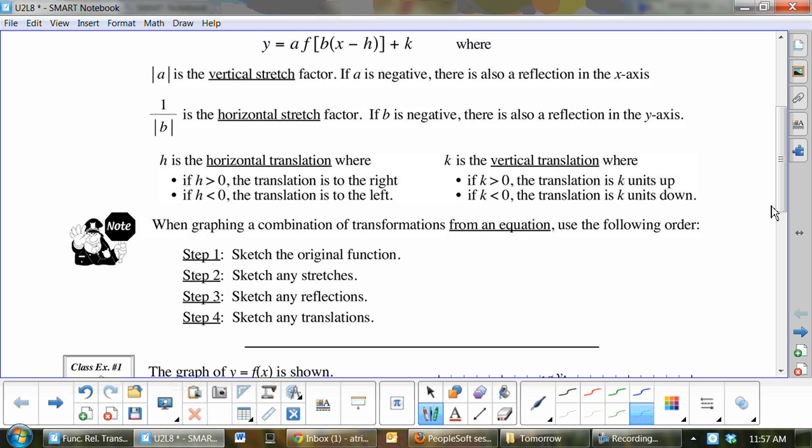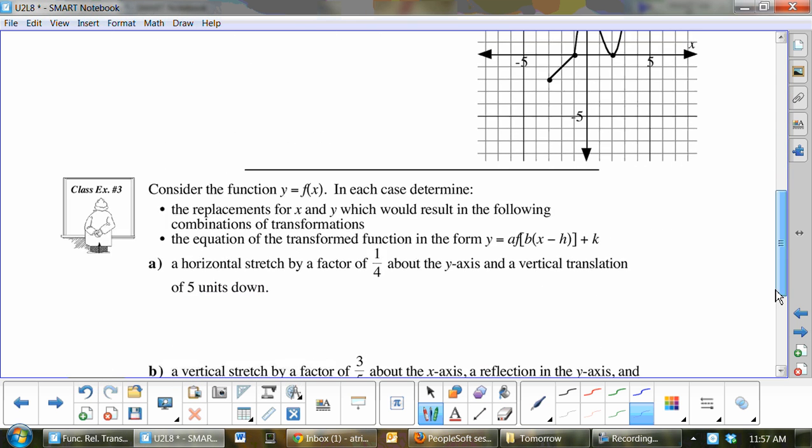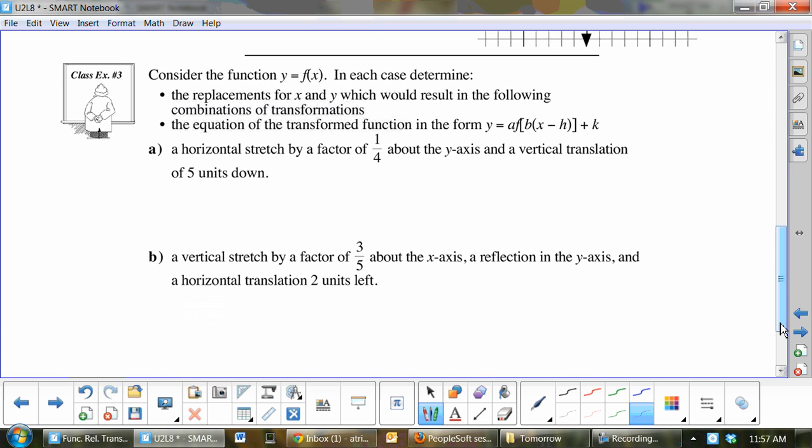Okay? Now, we're going to go right to example 3. Here is a form that you will see asked for many times on the diploma, and that's how I asked for it today in your quiz.